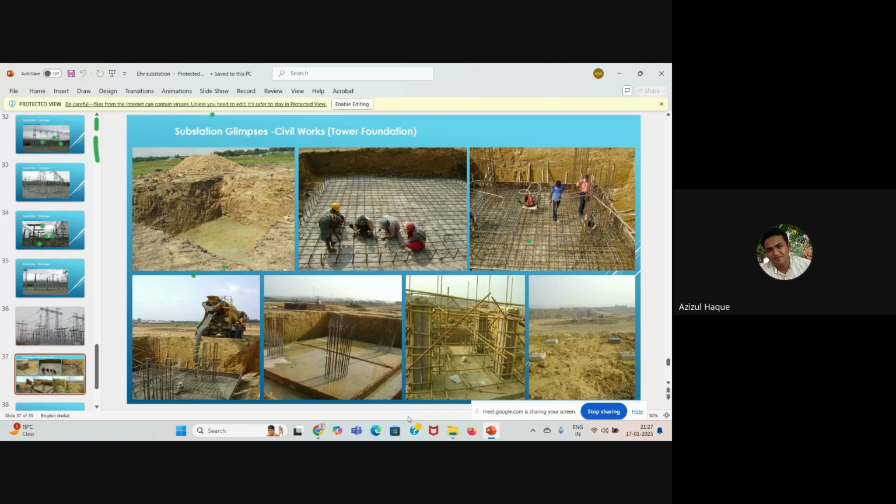This part is called the raft, and this is called the column. After casting of the raft, casting of the column takes place, and then finally the foundation. After completion of these columns, we backfill the area and level it. Now these 4 columns are completed and backfilled. This is a sample of civil work through photos. Next.